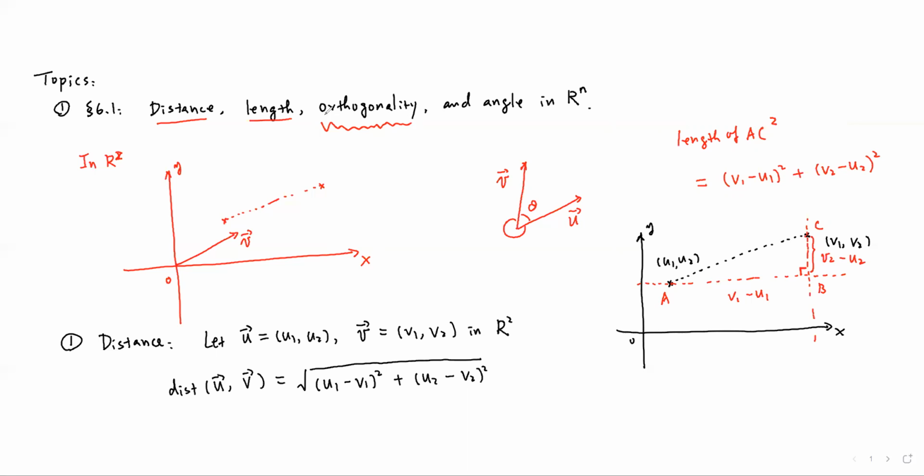Let me extend the concept of orthogonality from R2 to Rn. Before I do the extension, let me introduce the inner product, this concept, first.